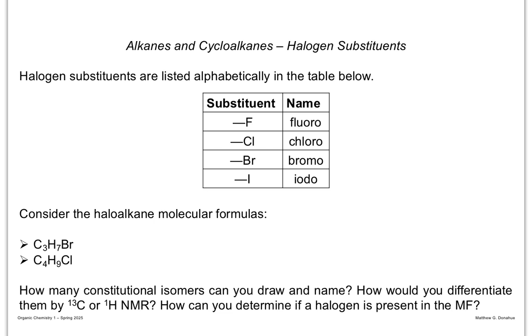To incorporate a halogen into a ring as a substituent, you drop the I-N-E and add O. So fluorine becomes fluoro, chlorine becomes chloro, bromine is bromo, and iodine is iodo. Now we're going to use those as substituents in the nomenclature.